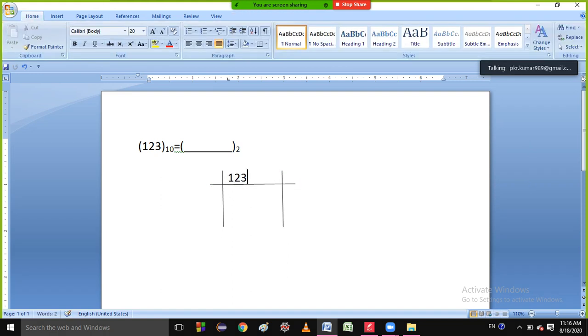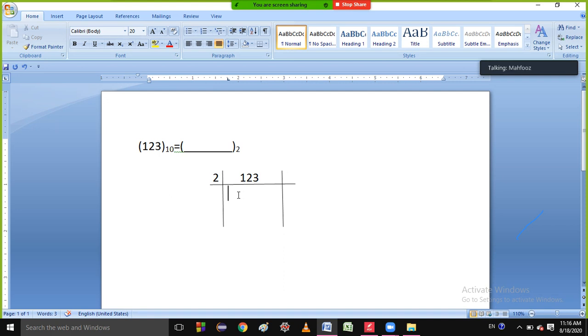So 123 will be here, and 2 will be here. I will divide 123 by 2, and here will be the quotient and here will be the remainder. Is it clear to you?